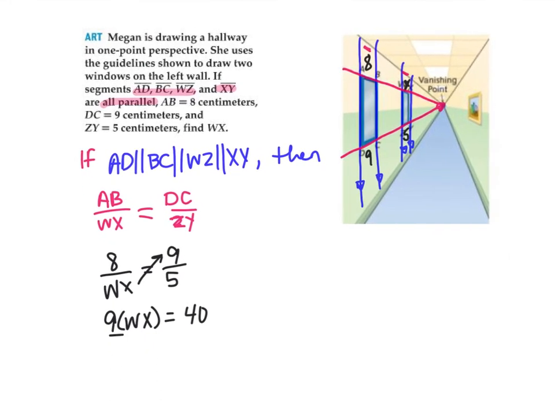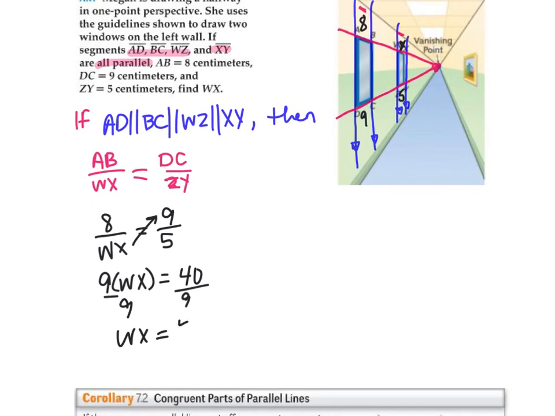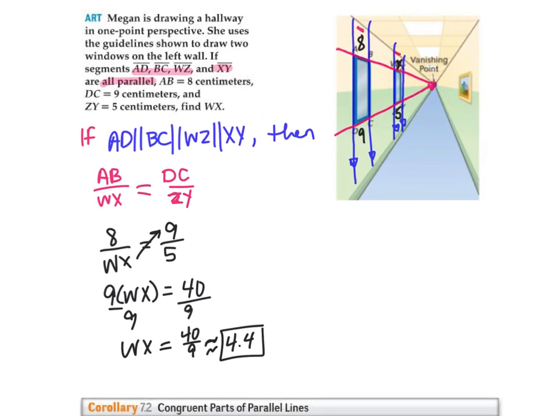Dividing by 9, WX will have to be a value of 40 over 9, or if we estimate that, it would be about 4.4. Okay, so the key here is the proportional segments are the segments that lie on your transversal. So you put AB over WX.